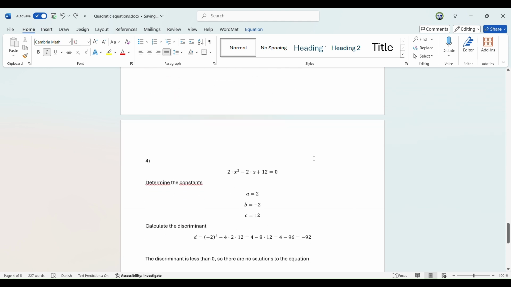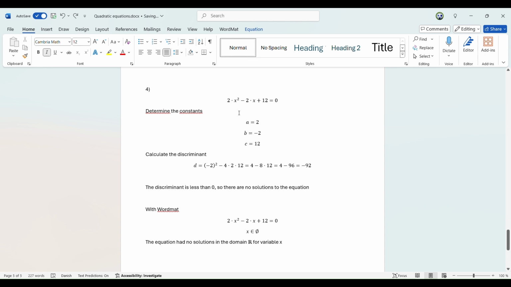Our last example here is this quadratic equation, so 2 times x squared minus 2x plus 12 equals 0. Once again, we look at a and b and c, we write them up. So a is equal to 2, b is equal to minus 2, and c is equal to 12.